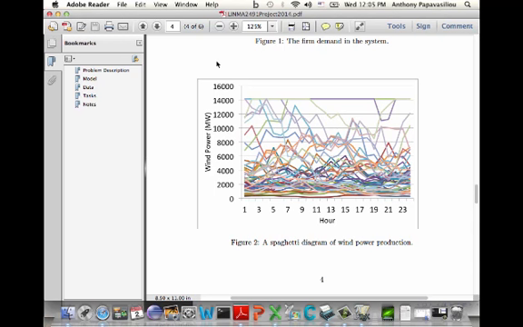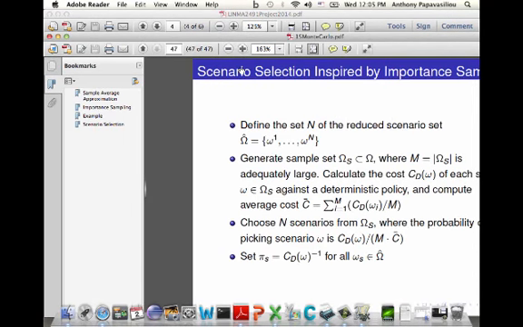But then I unbias the selection by assigning a weight like this, which is exactly the formula taken from importance sampling. So instead of applying importance sampling to the L-shaped algorithm, we basically applied it to scenario selection. These are thoughts you may want to apply in the project to control the dimensionality of your problem.